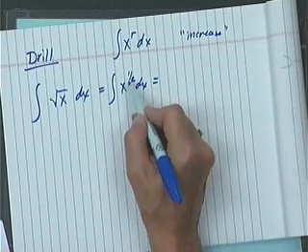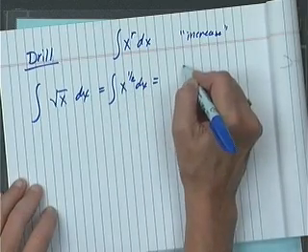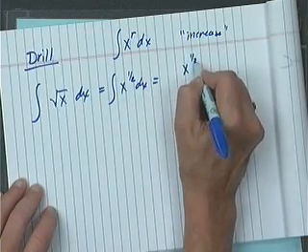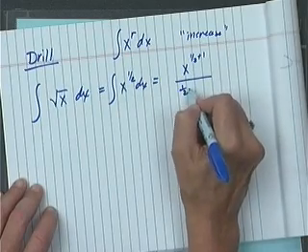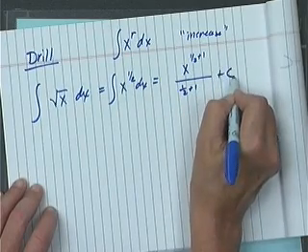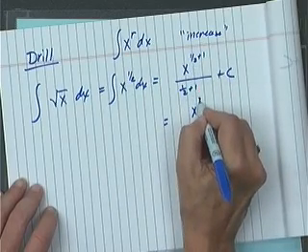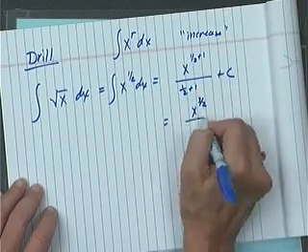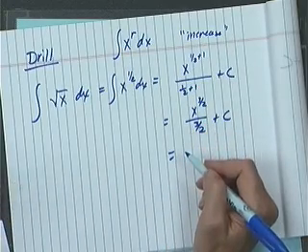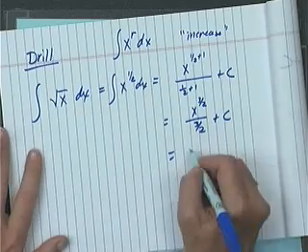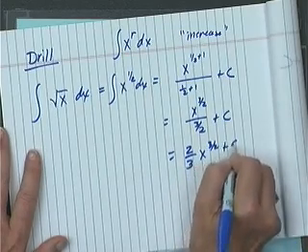All right, so it's x raised to the r. You're integrating. So you're going to add 1 to that exponent, divide by that same exponent, and put a plus c there. All right, so x to the 1/2 plus 1 will be x to the 3/2. Divide by 3/2. And you know when you divide by a fraction, you just invert and multiply. So it'll be 2/3 x to the 3/2 plus c.